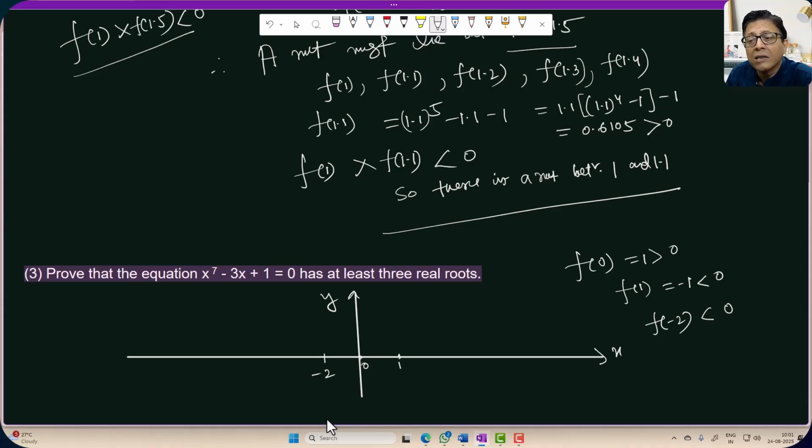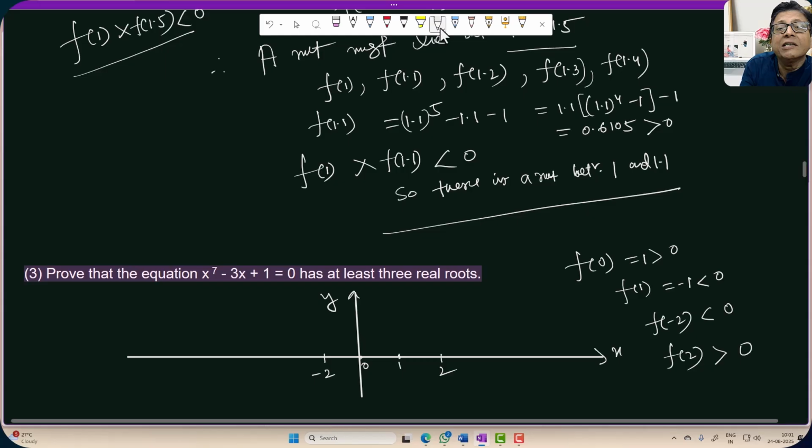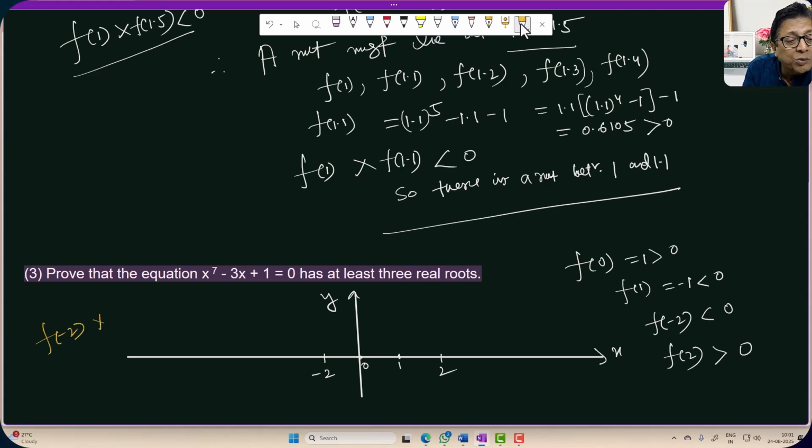You take another one: f(1) is negative, you take 2, f(2) is 2 to the power 7 minus 6 plus 1, definitely greater than 0. So you got a sign change. I mean, f(-2) into f(0) is negative, and f(0) into f(1) is negative.